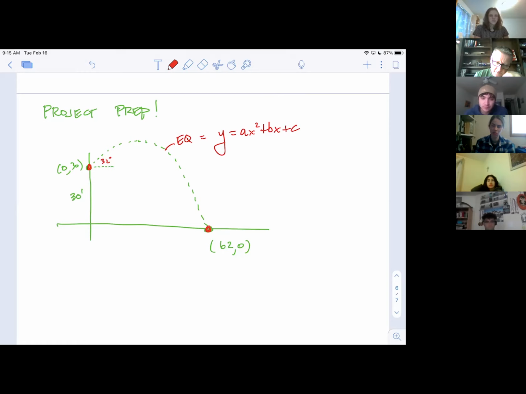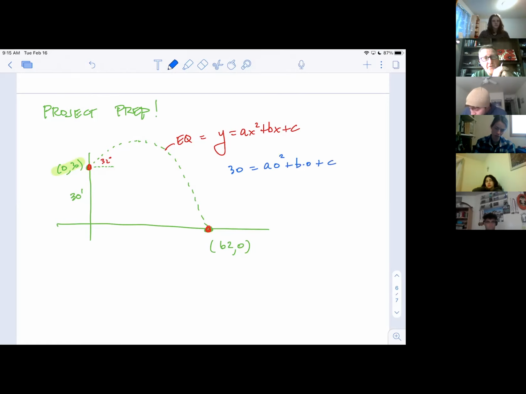There's one that's relatively easy. Like, what does this one mean right here? What does that tell us for sure? Y equals 30. Yeah, y equals 30 when x is what? 0. When x is 0. Plug that in. Y is 30 when x is 0.